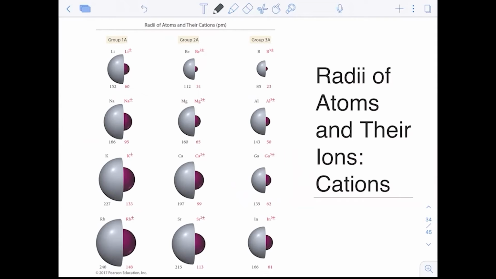As we move across left to right on the periodic table, across a row, we picked out here groups 1, 2, and 3 just to show the similarities amongst these, but it would extend all the way across to group 7A or 17, the halogens.